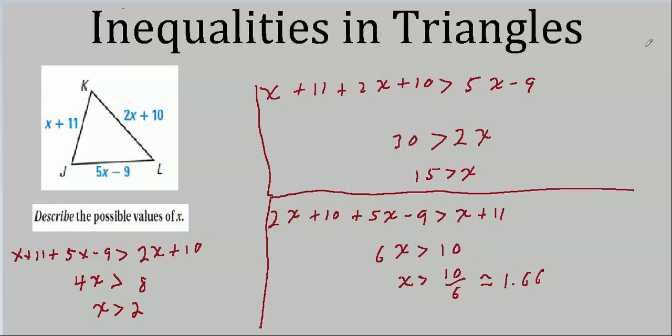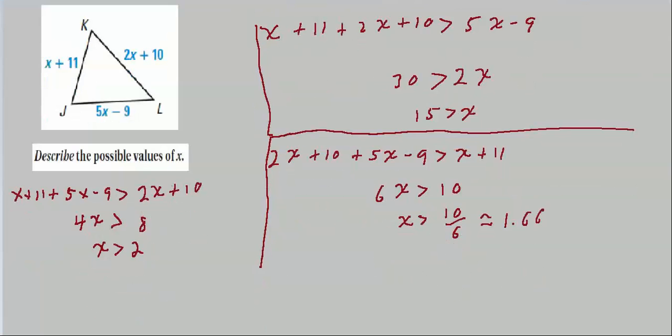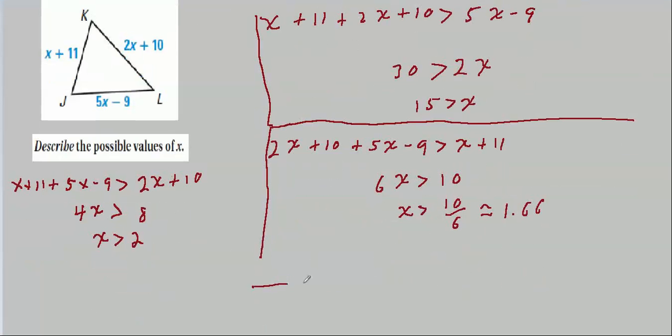Now all we have to do is draw a little number line here. And we got 1.66 here, 2 here, and 15 here. X has to be between these two. Greater than 2 and less than 15. So there's our range.